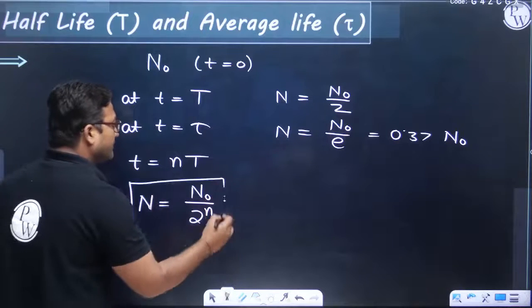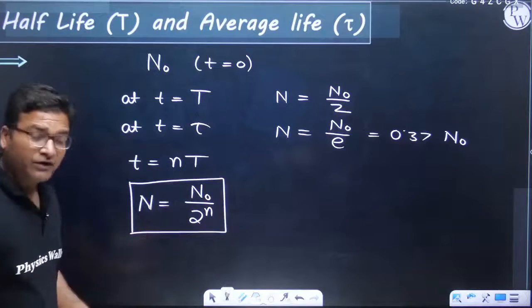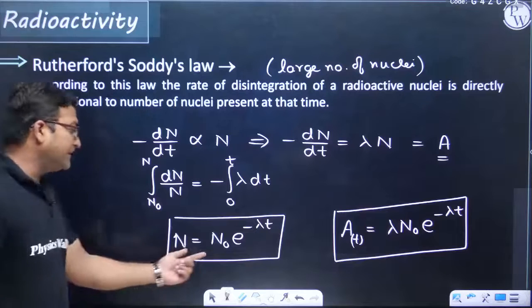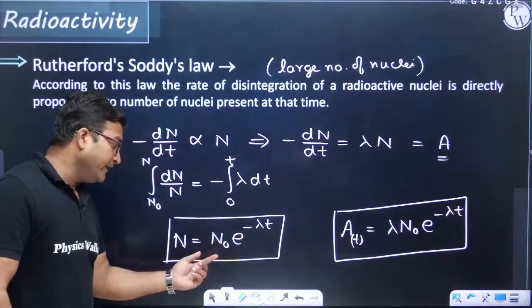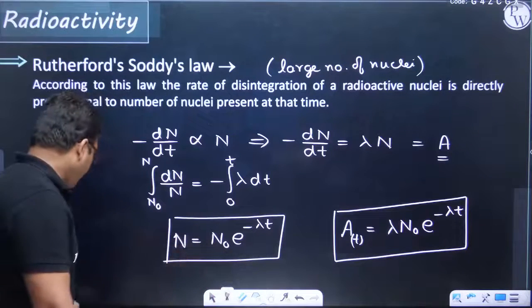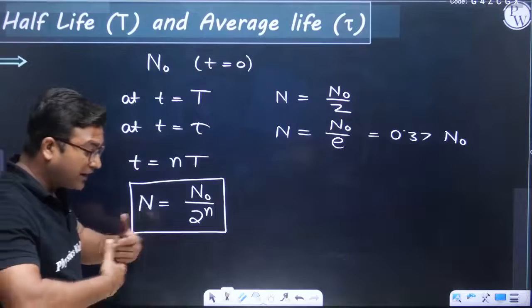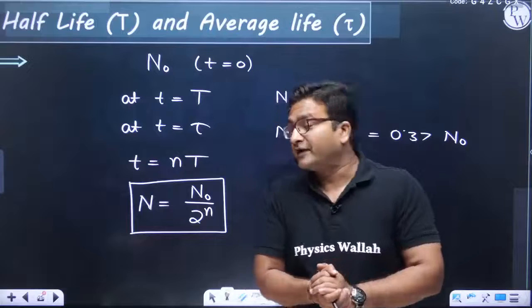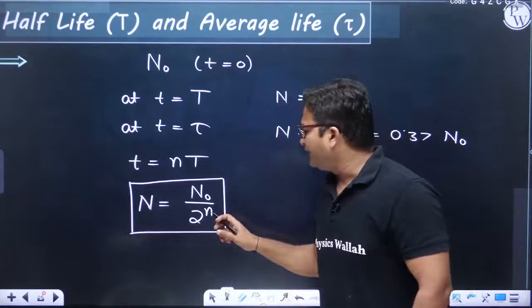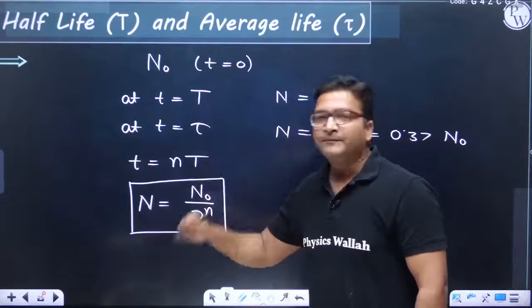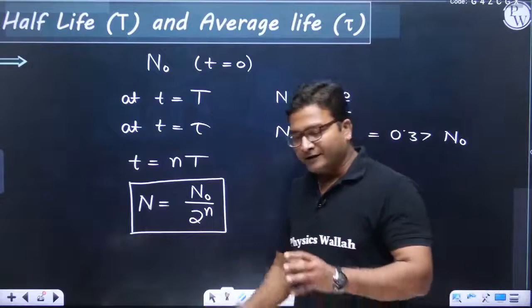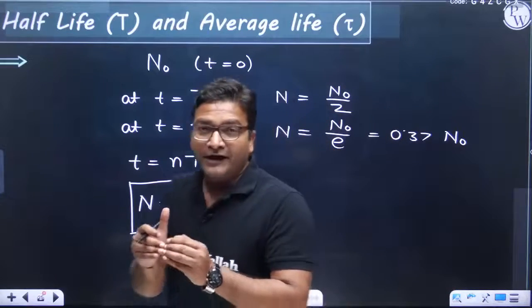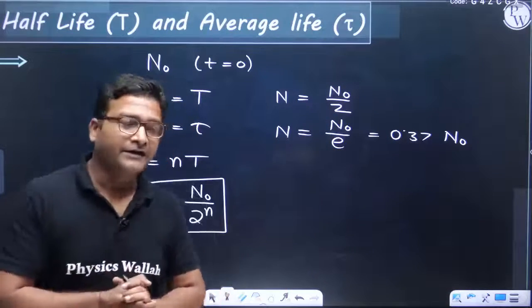So always remember one thing, when you know time, use the main formula for finding undecayed particles. And if you have time in integral multiples of half-life, you can use the number of half-lives as n, and this is the formula for the number of undecayed particles at time t.